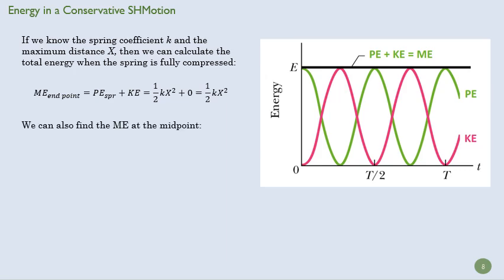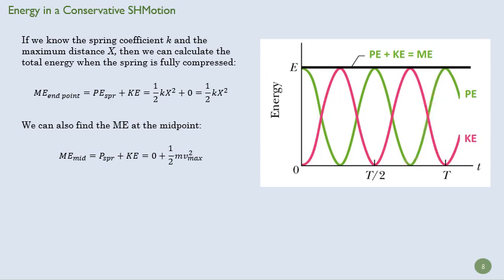Now, in a conservative system, we would expect that energy to stay the same throughout the whole process, right? So we look at our image over here, and the green here is the potential spring energy, and it's going to go from a whole bunch, level E, down to 0, back up to level E after one full oscillation, or half an oscillation actually, as it gets to the other max, and then pass through the middle again where there's no spring energy, and back to its original max.